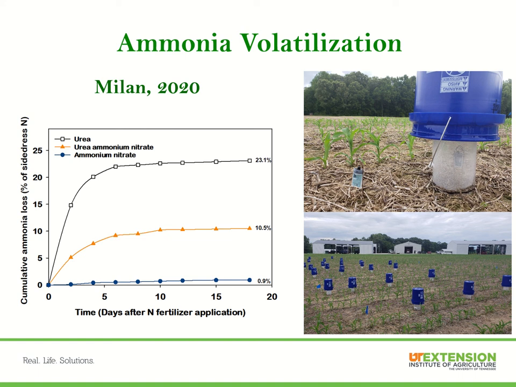What you see here is that urea had the highest ammonia volatilization loss, which was 23%, followed by urea ammonium nitrate, which was about 10%, followed by ammonium nitrate, which was less than 1%. Almost 90% of that nitrogen loss from urea or urea ammonium nitrate occurred within the first 3 days of fertilizer application.